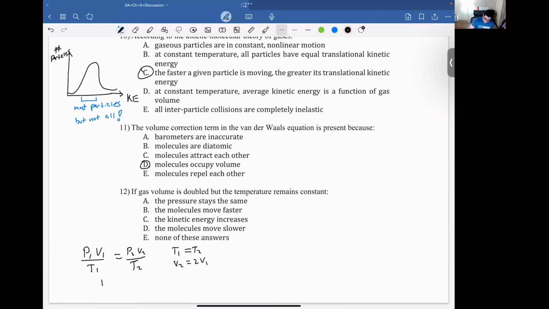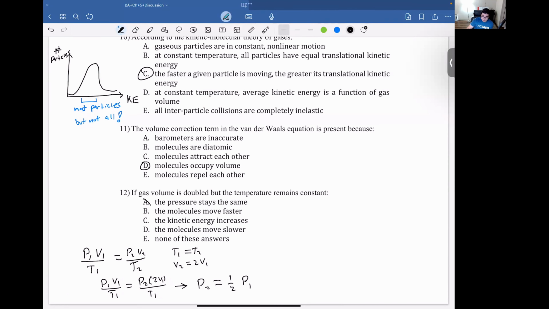Then we plug this in. You're going to get a relation where T1 cancels out on both sides, and V1 cancels out. If I want P2 in terms of P1, you get half the pressure. Because you get half the pressure when you double the volume and keep the temperature the same, it can't be A.